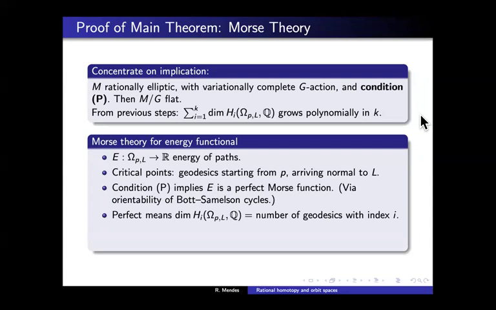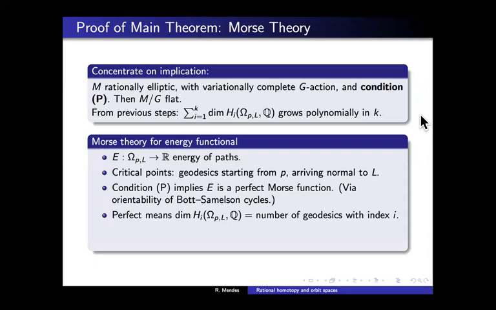So yeah, I'm sweeping a lot under the rug here in terms of how you get condition P implying a perfect Morse function. We'll just say a few words about this. One of the main ways, or maybe the main way, of showing that a Morse function is perfect is by constructing so-called completing cycles. And here we use the Bott-Samelson cycles.